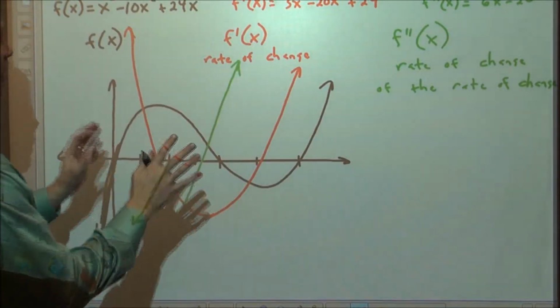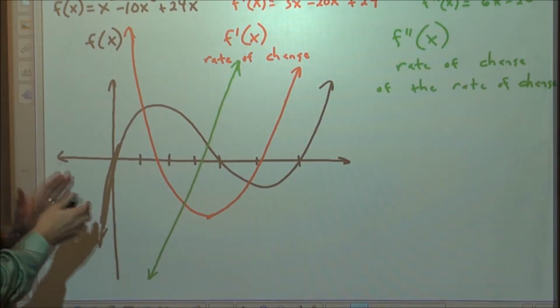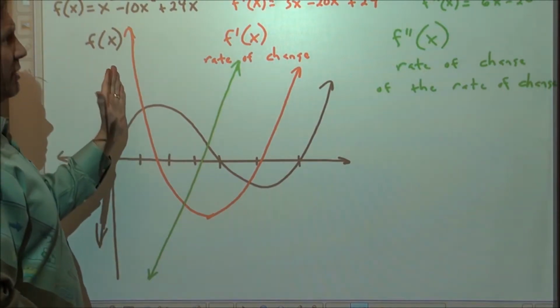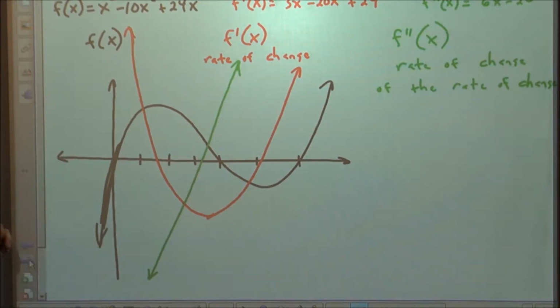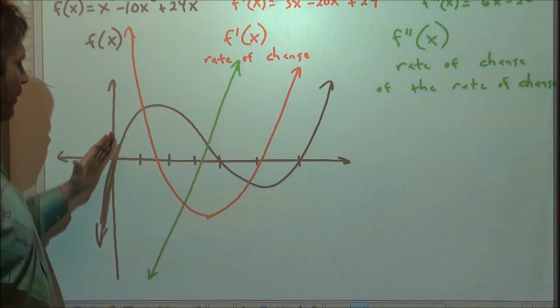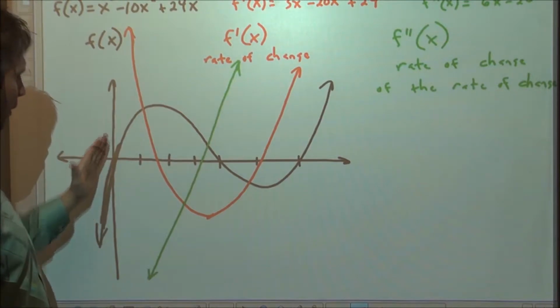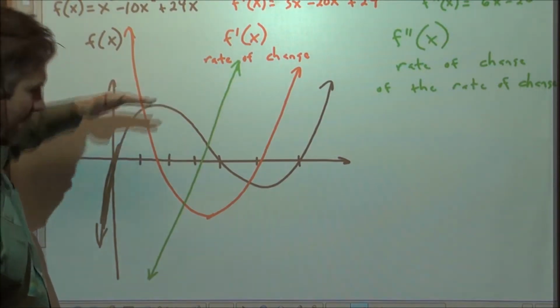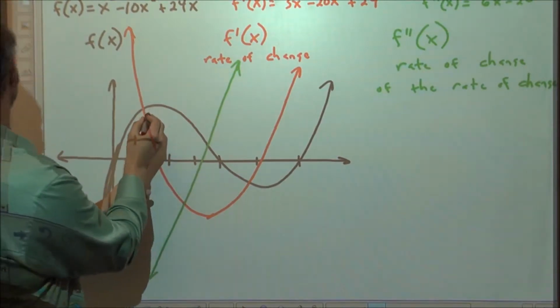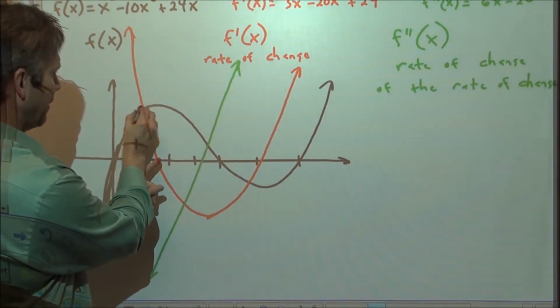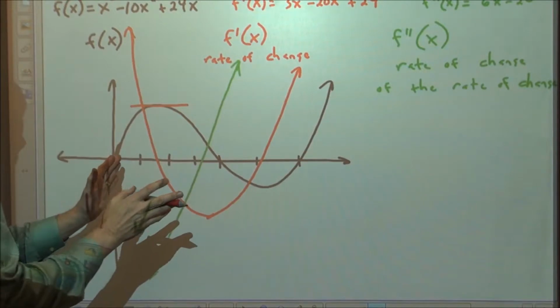So one more quick deal. The first derivative explains the slopes of the tangent lines to the original function. Now all the tangent lines will have positive slopes until you get to that max right there. At that value for x, which is at 1.6 roughly, that tangent line will have a slope of 0.